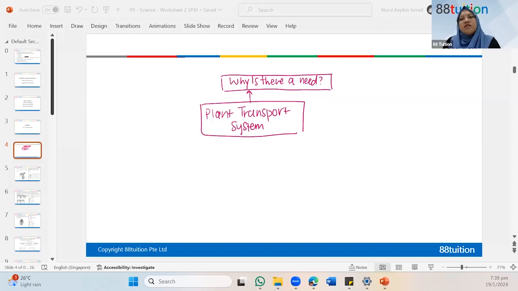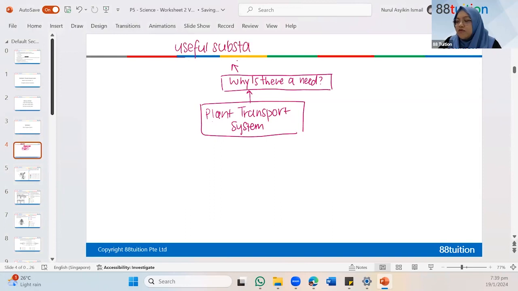Let me tell you what's good about your answers. Every single one of you actually does mention something about the names, the examples of the substances that are important to the plant. That's good. So the ones that I will write down here first is that, from what I see, your answers are telling me that there are such things as useful substances.